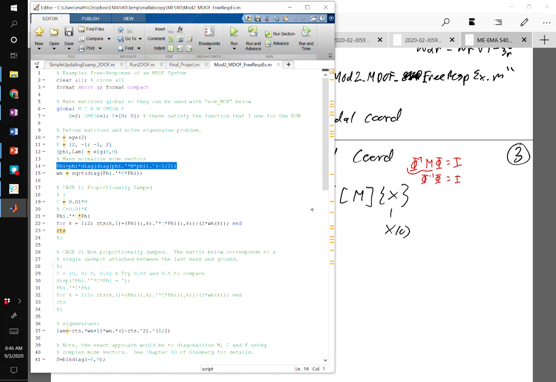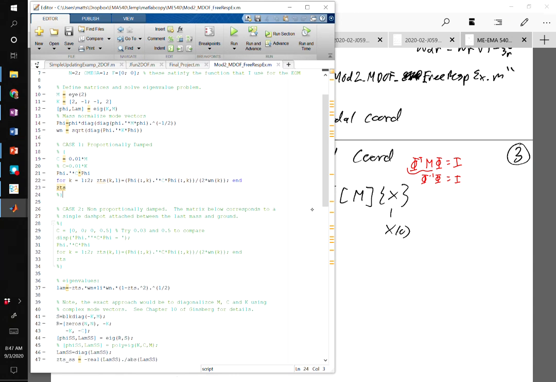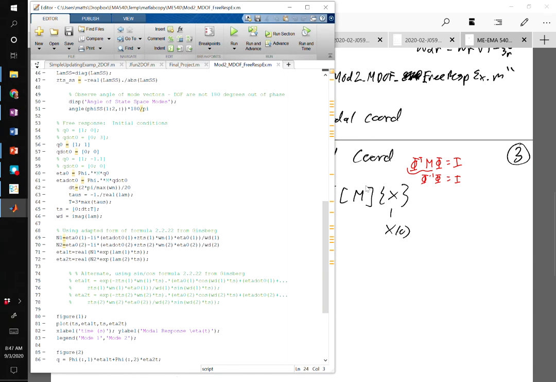And I'll show you quickly in this code where that's done. So I actually used q rather than x, sorry about that, matching the Ginsburg notation.